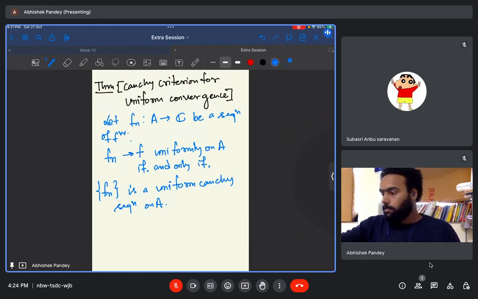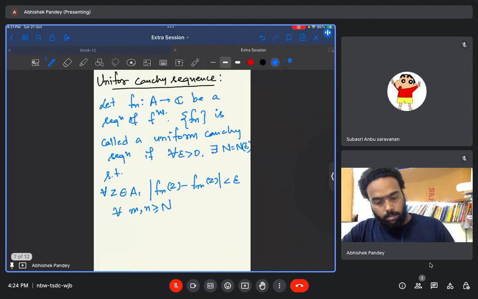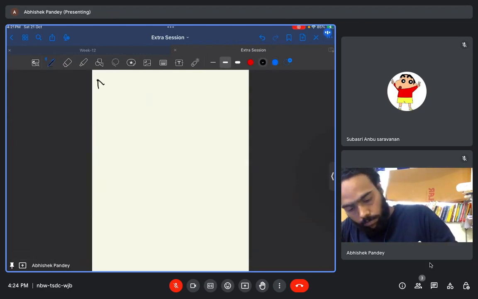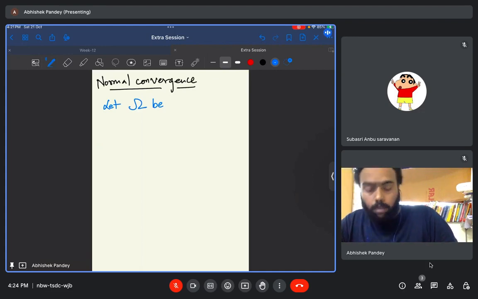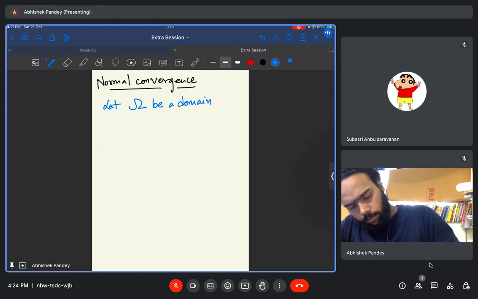We'll move towards the next thing, which is quite important in the case of the space of analytic functions, known as normal convergence. Let omega be a domain, or you can also take an open set in C, and let fn from omega to C be a sequence of functions.